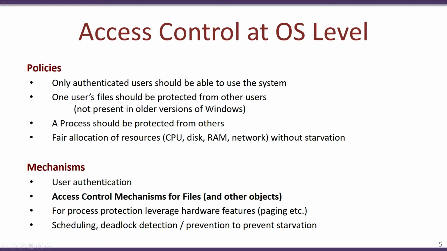In addition to the file system and user authentication type of access control mechanisms, operating systems along with the hardware also play a role in protecting one process's memory from other processes. Essentially this is done by the page table mechanisms.